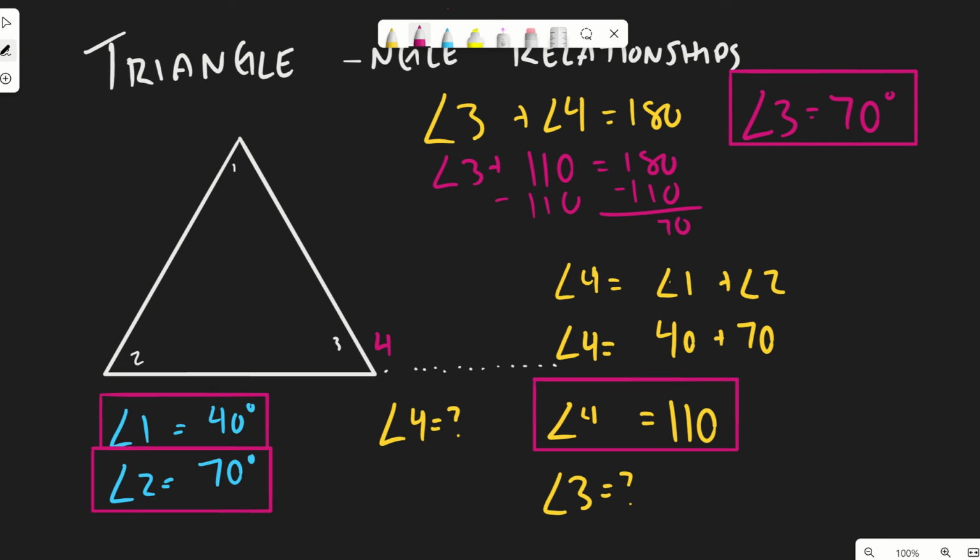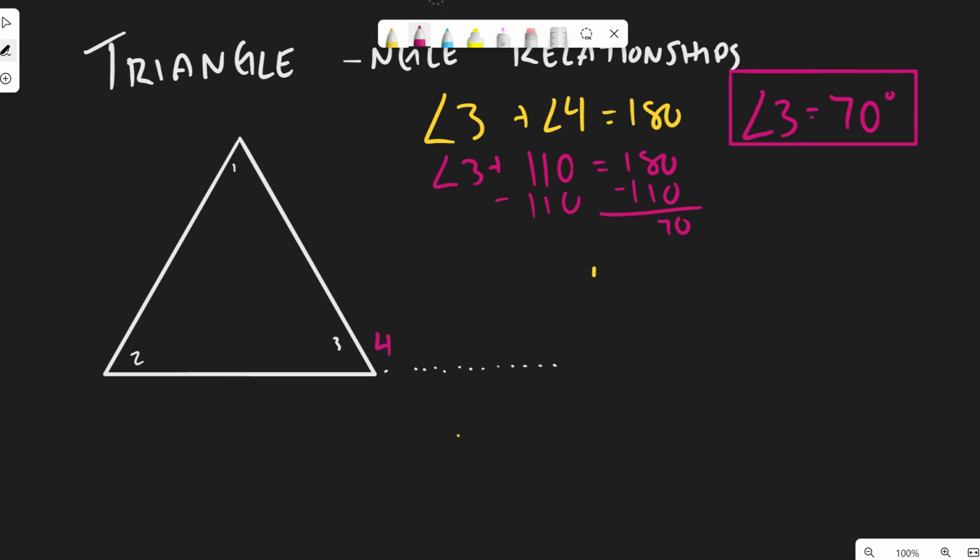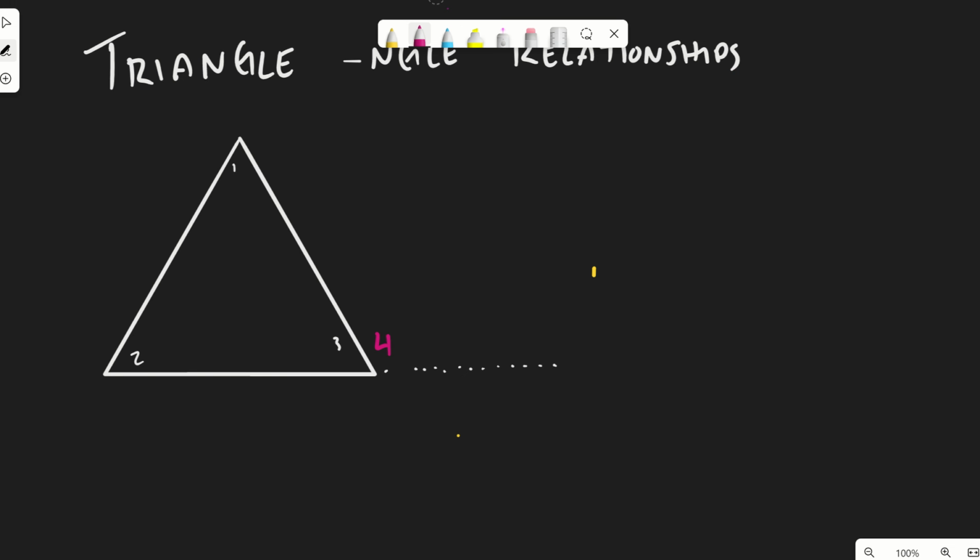Now, there's one more vocab word to know about this situation, and that is remote interior angle.